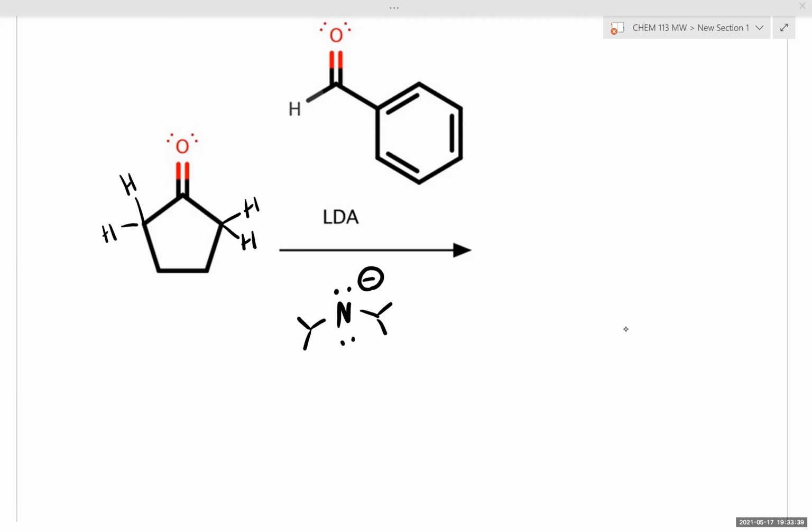So we have these acidic alpha protons. We have a strong organic base, such as LDA.